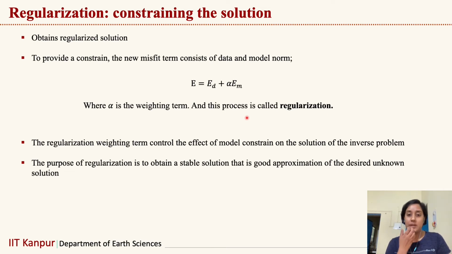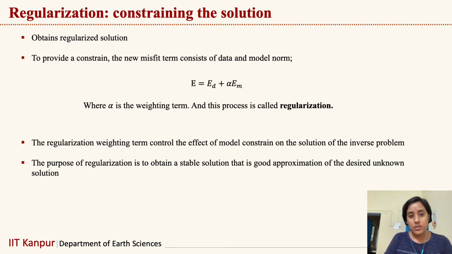So that's why we are trying to constrain the model parameter as per the knowledge available with us. The whole motive of applying regularization is to get a good approximation of the desired solution, or knowing the desired model property.